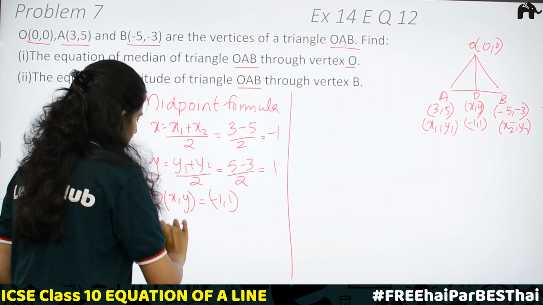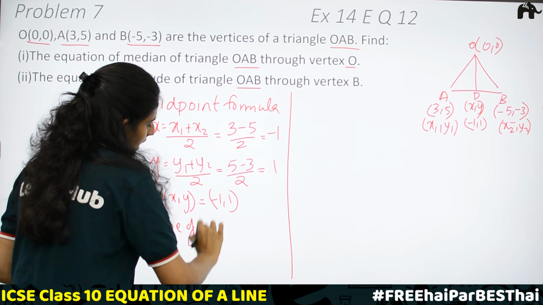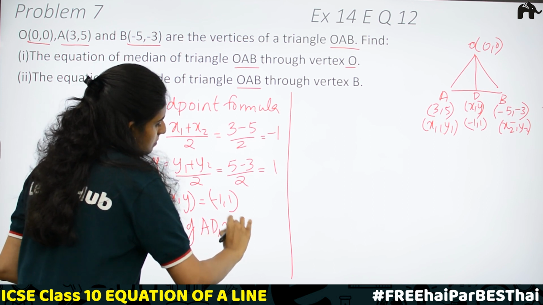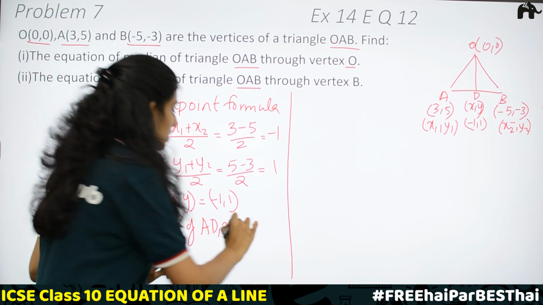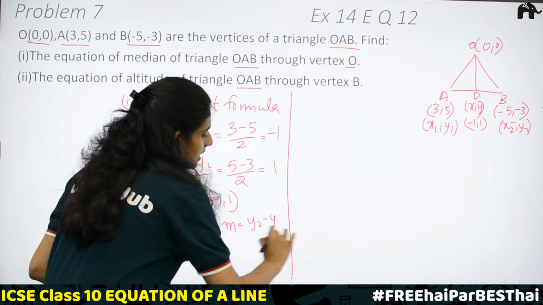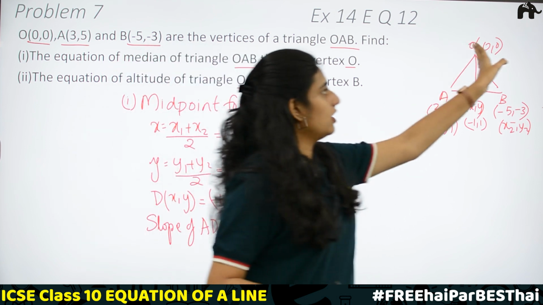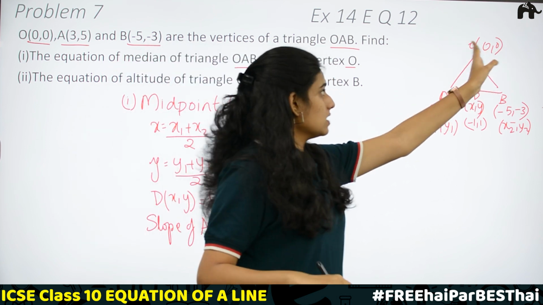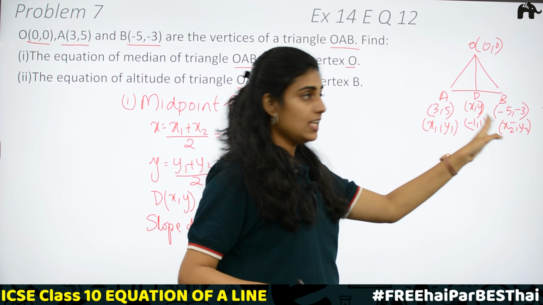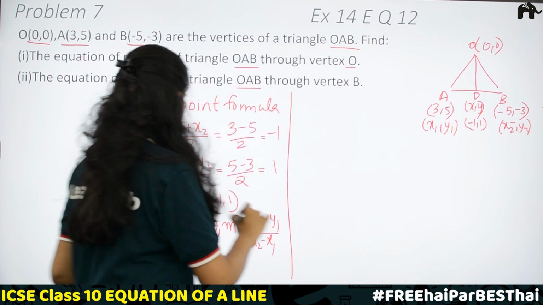Slope of AD. M is equal to (y2 minus y1) divided by (x2 minus x1). Here we are taking the first point O as x1, y1 and the second point D as x2, y2. Put the values.